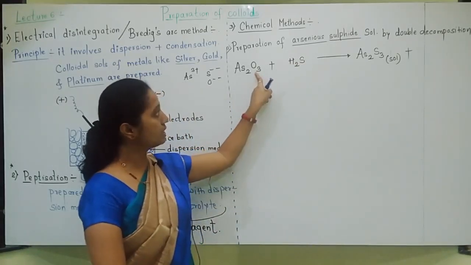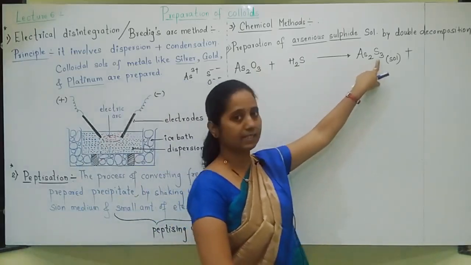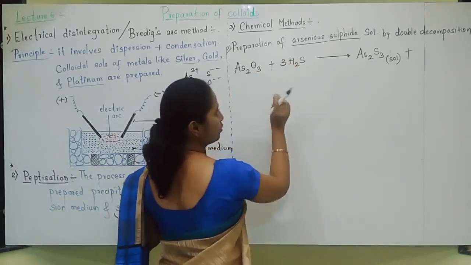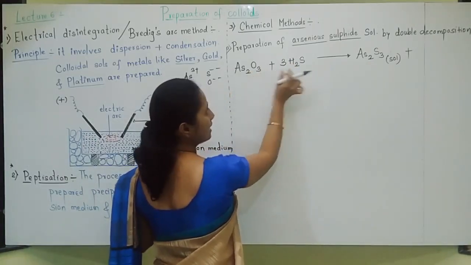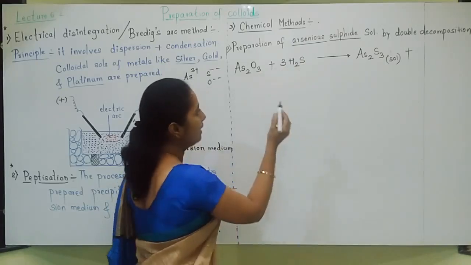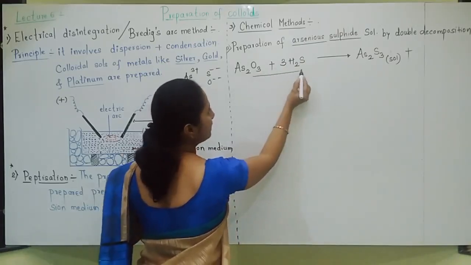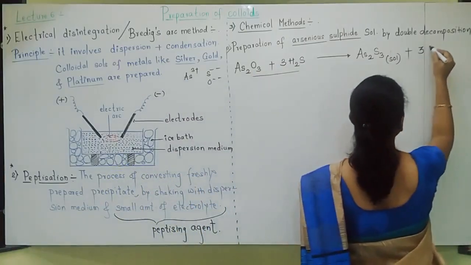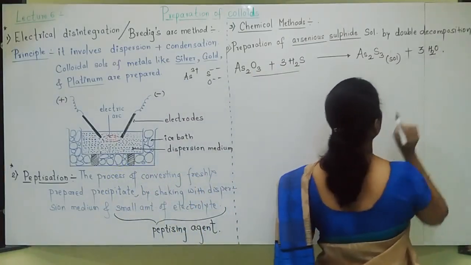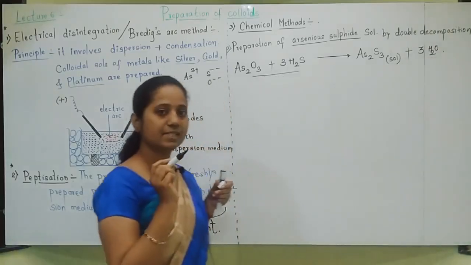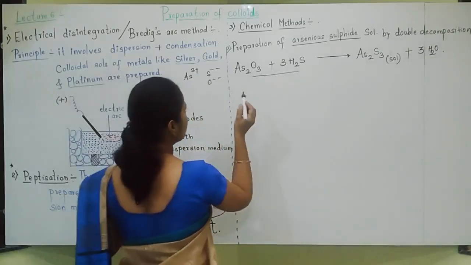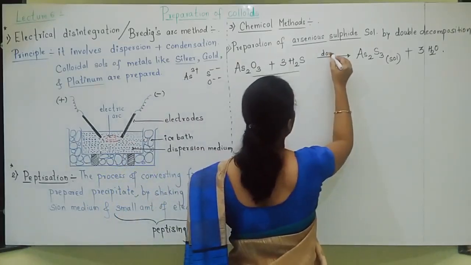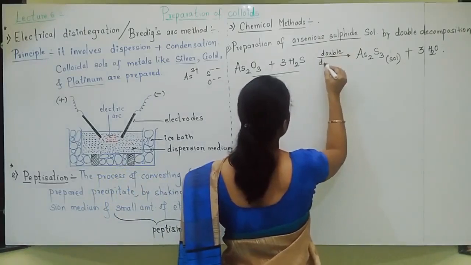Next, 3 oxygens are replaced by 3 sulfur, so we need 3 sulfur. So I am balancing it with 3 H2S. So 3 oxygens are replaced by 3 sulfurs, and now 3 H2 combines with O3 and forms 3 waters. Okay, a balanced chemical equation like this is expected from you. So this was preparation of arsenious sulfide, and the method is known as double decomposition.